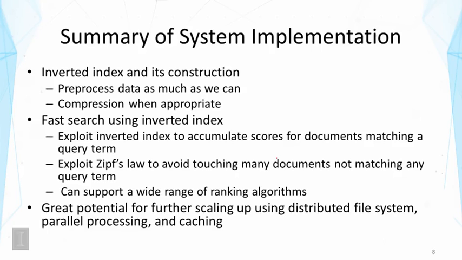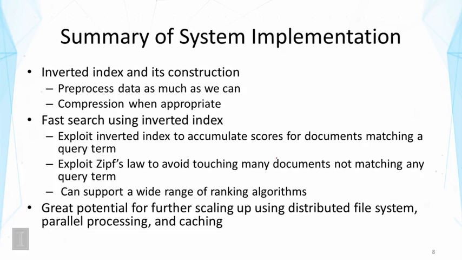So to summarize all the discussion about the system implementation, here are the major takeaway points. Inverted index is the primary data structure for supporting a search engine. That's the key to enable fast response to a user's query.